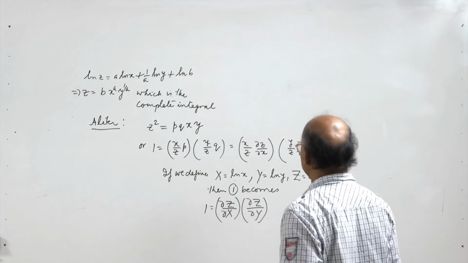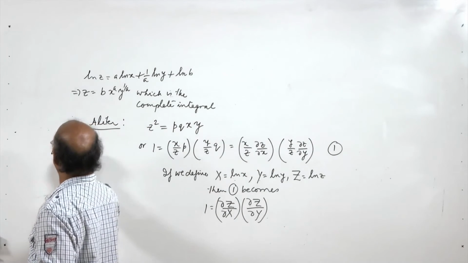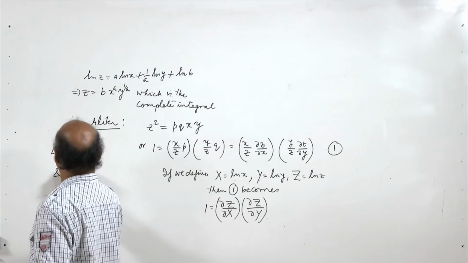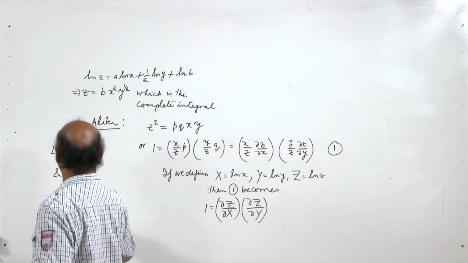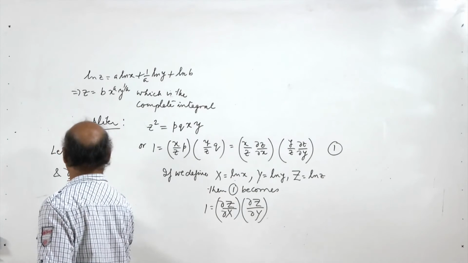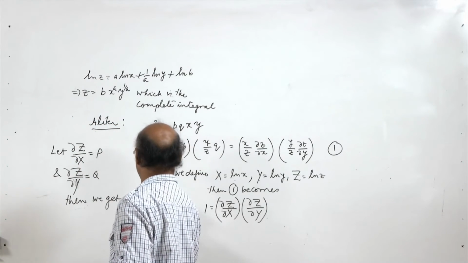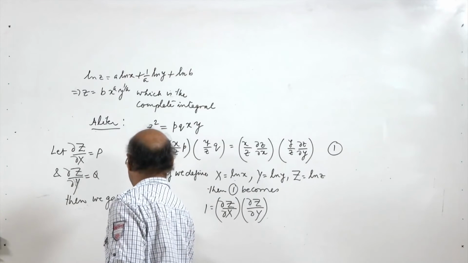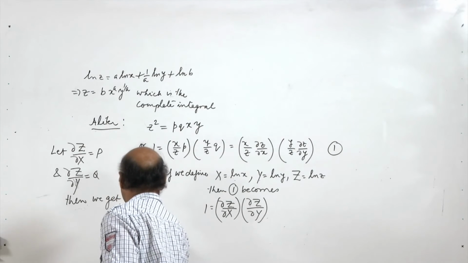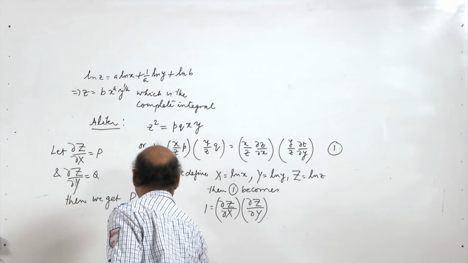We can see this easily. Now let ∂Z/∂X be equal to P and ∂Z/∂Y be equal to Q. Then we get PQ = 1 or PQ - 1 = 0, which is a PDE of type 1.